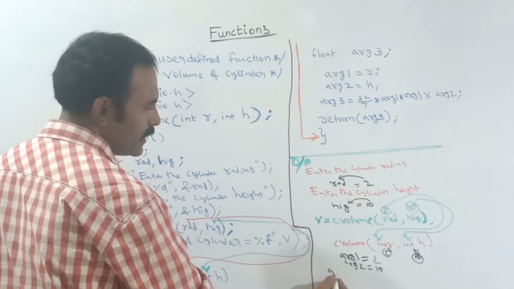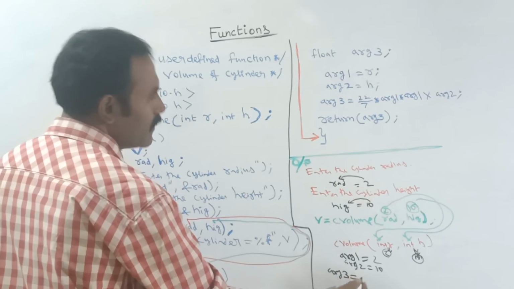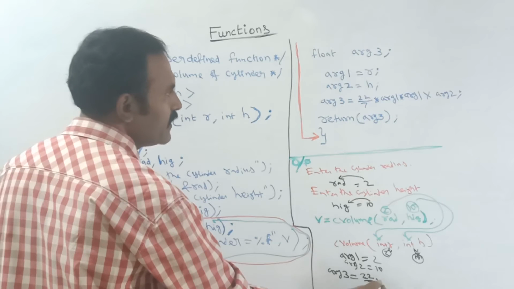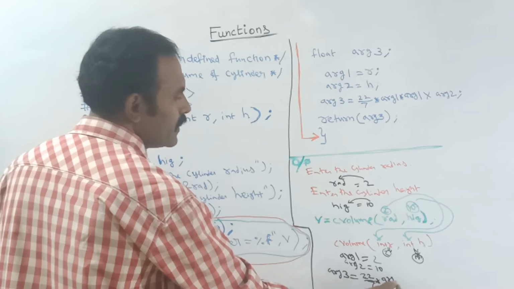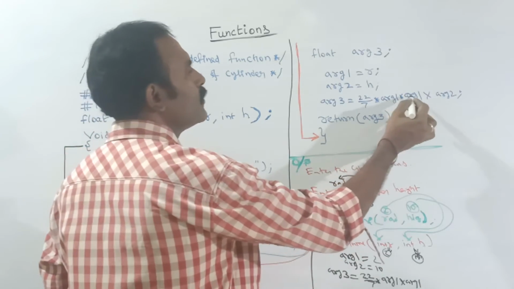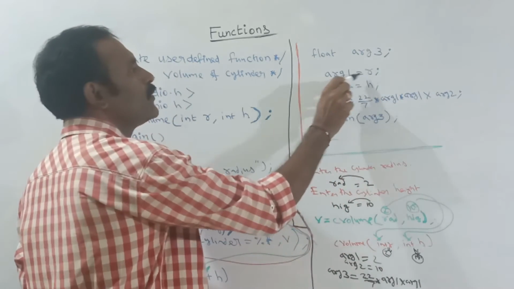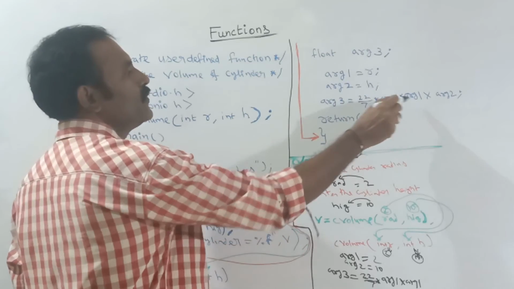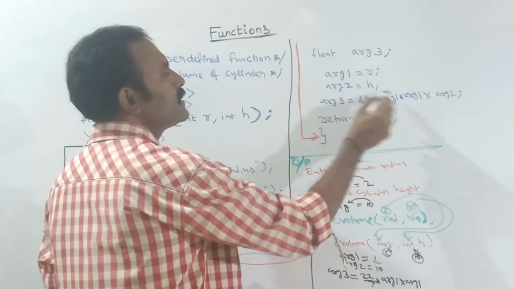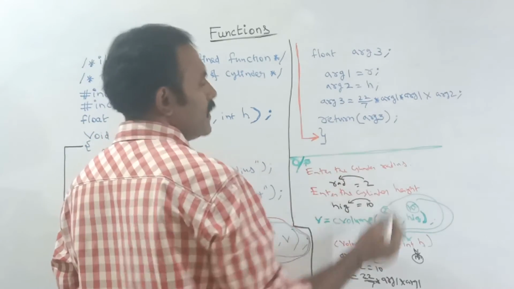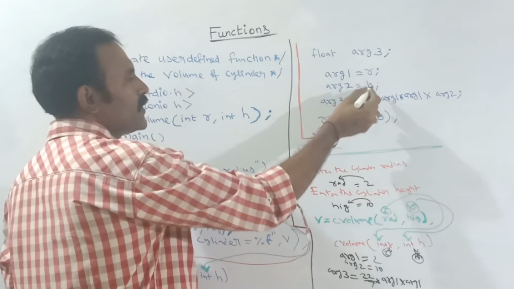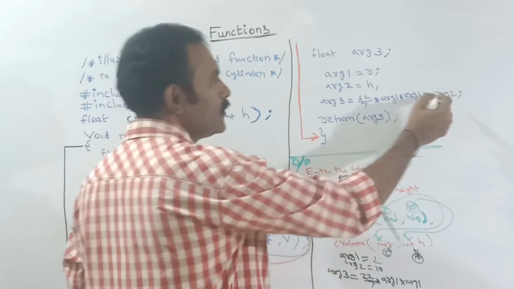In argument 3 it will calculate the value 22/7 into argument 1 into argument 1. Two times I am using argument 1, because argument 1 holds the radius value. So pi r square, I am multiplying it 2 times. Next into arg2, where the arg2 value is height. I am storing the height value in argument 2.